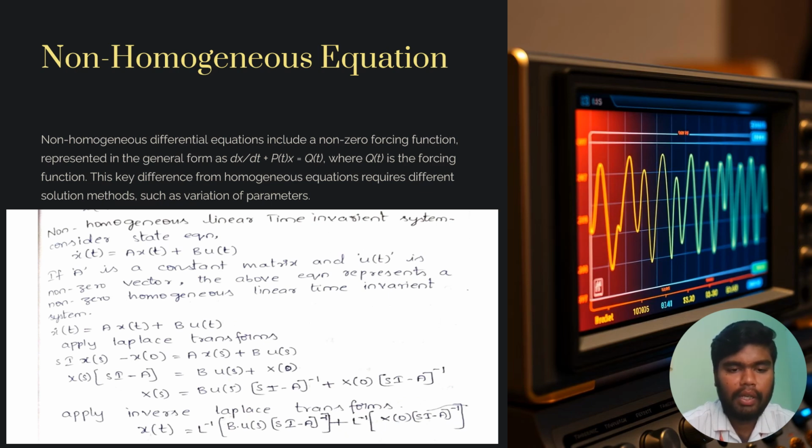Now we apply the inverse Laplace transform. Then it becomes x of t is equal to L inverse of B into U of s into (sI minus A) inverse plus L inverse of x of 0 into (sI minus A) inverse. This is the non-homogeneous equation derivation.